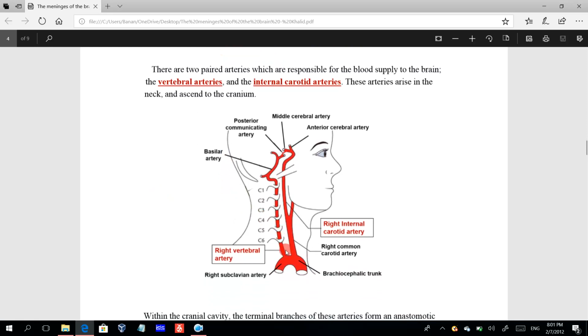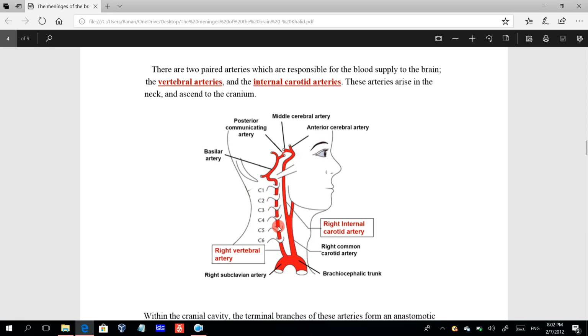This is the vertebral artery, which is a branch of the subclavian artery. The first part of the subclavian artery gives us the vertebral artery, one on each side, right and left.